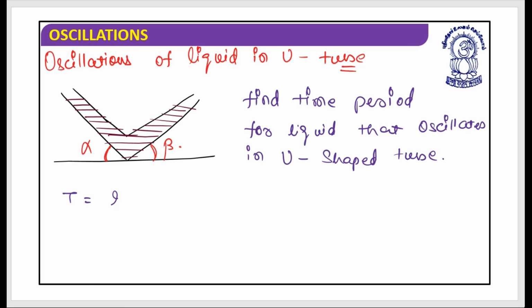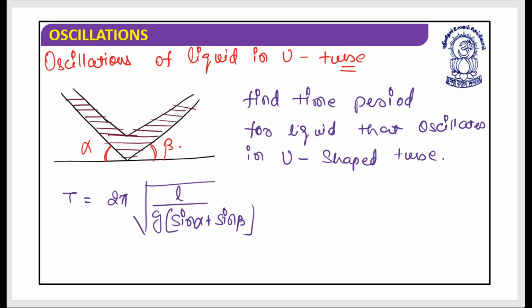So for this, T is equal to 2 pi root of L divided by g into bracket sine alpha plus sine beta.